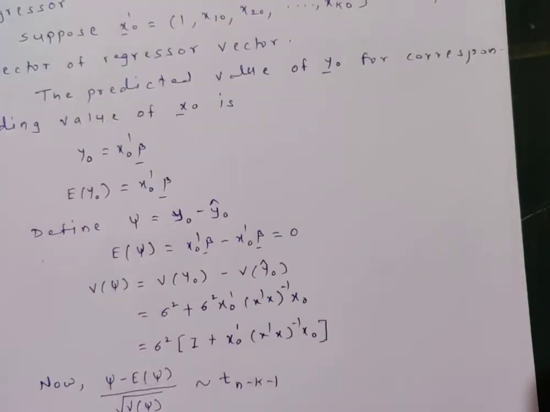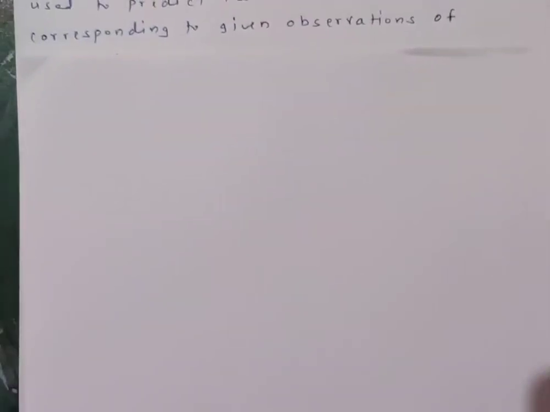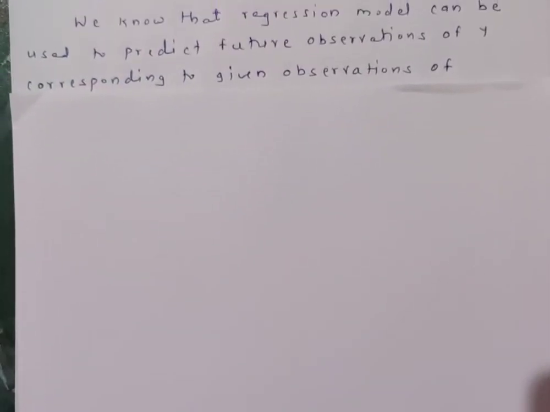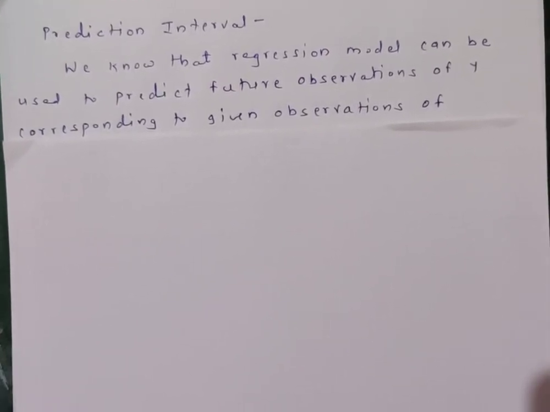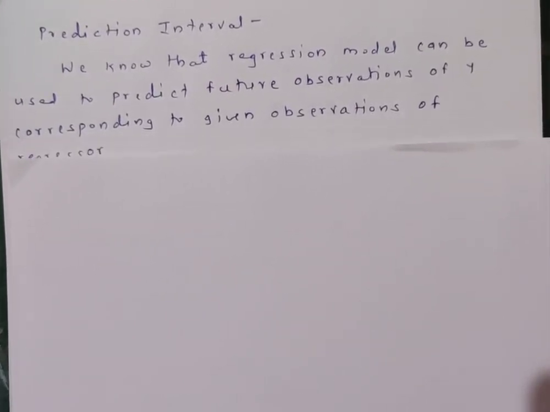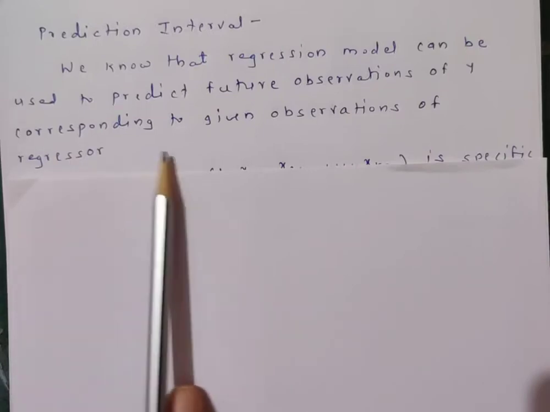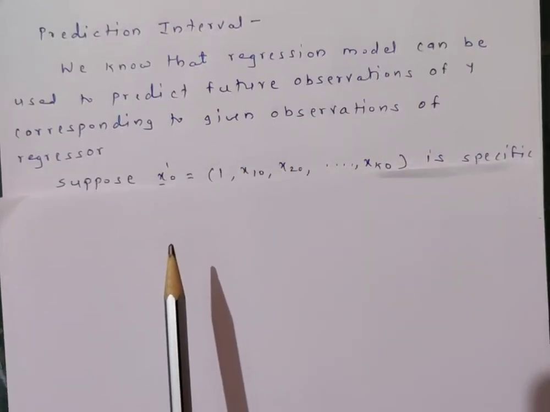Now let me find the prediction interval. We know that a regression model can be used to predict future observations of y corresponding to given observations of the regressor.